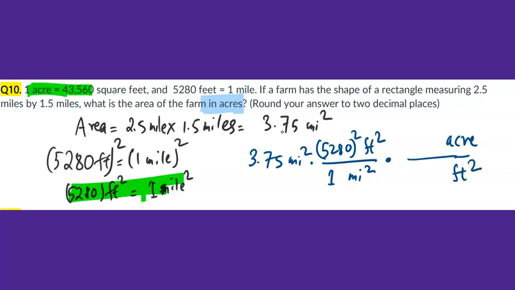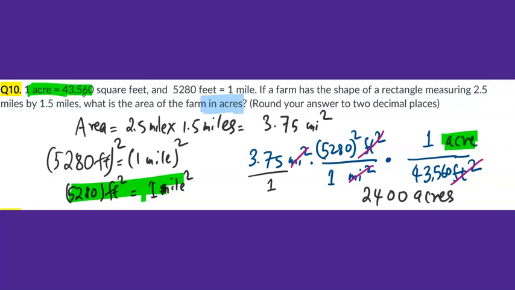This comes from the first equation: 1 acre equals 43,560 square feet. If you do that, square miles cancel, square feet cancel, and you get the answer in acres. Multiplying all the numerators and dividing by all the denominators, your answer must be 2400 acres.